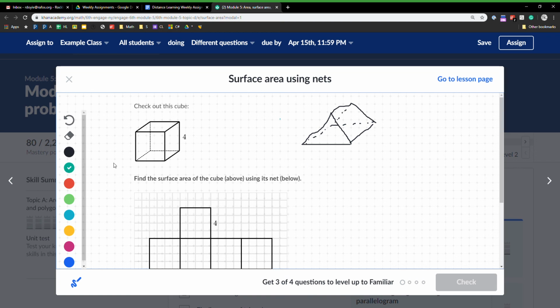And then let's say it tells us that this is 4, this is 5 over here, and it gives us a height, like it tells us that this triangle is 3.